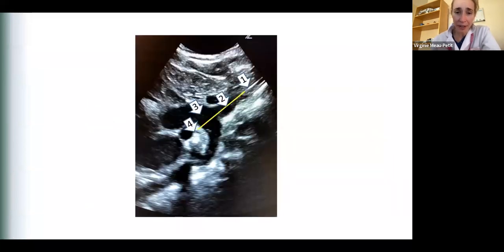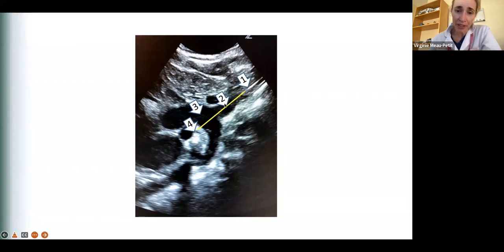This is an ideal picture that I personally exceptionally see, but it was published in the point of care ultrasound for neonates article from Stewart, which is the American guidelines for point of care ultrasound. As you can see, you have the aortic arch here, and this is the tip of the ET tube.